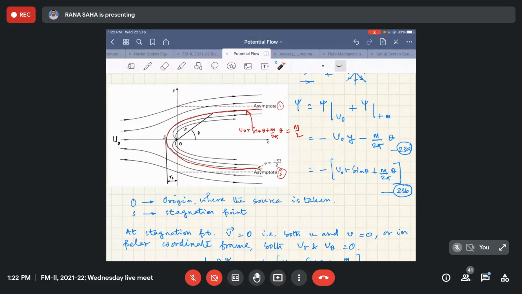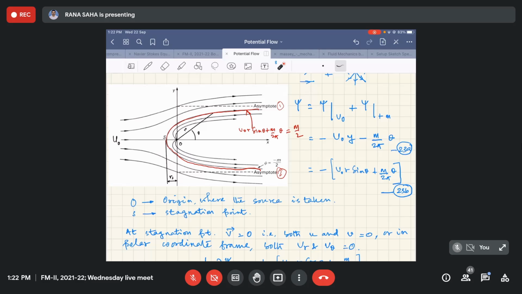One is written in the Cartesian reference frame and the other in the polar coordinate frame. We use this combination frequently in potential flow analysis.